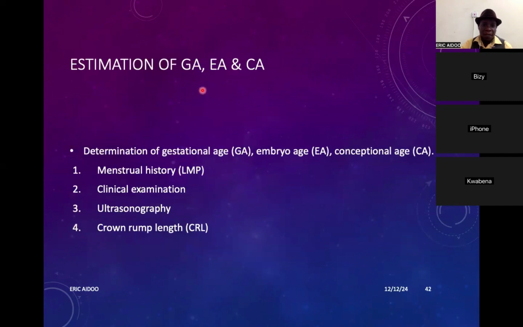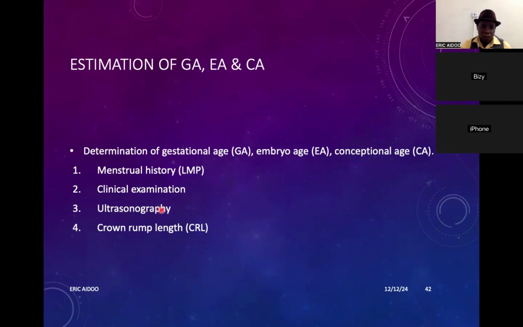So you can estimate the age of the embryo before it even becomes a neonate or is born. We call that the determination of gestational age. For embryo, conceptional age, you can use this method: menstrual history, the LMP, which is the last menstrual period. You can also use clinical examination by an expert.